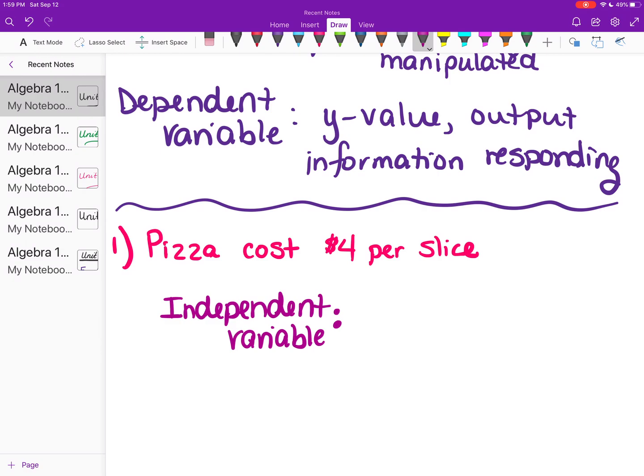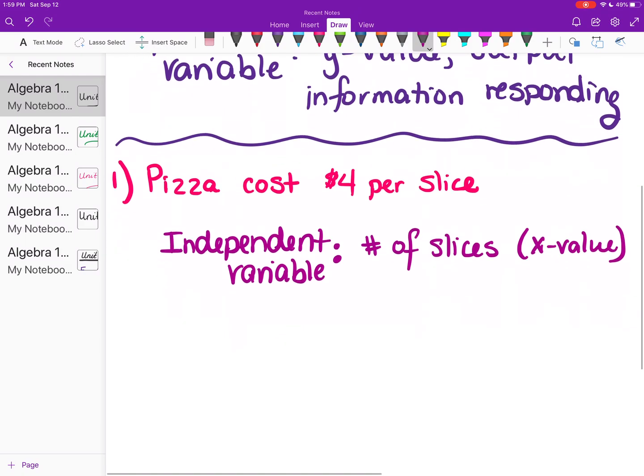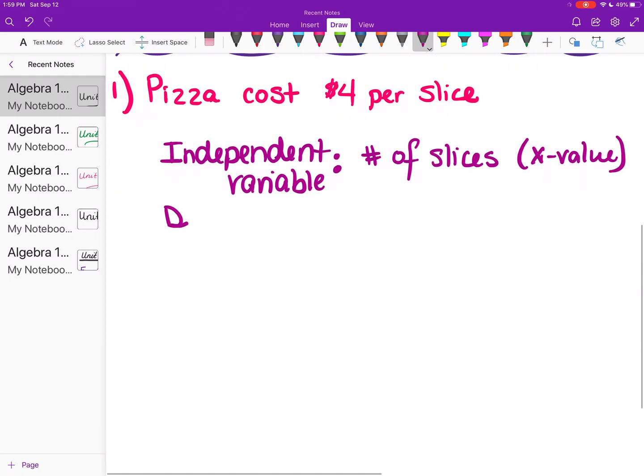So the independent variable here is the number of slices. So that's going to be our x value. And we're going to graph, so that's going to be important. Our dependent variable then is what changes as we change the independent.